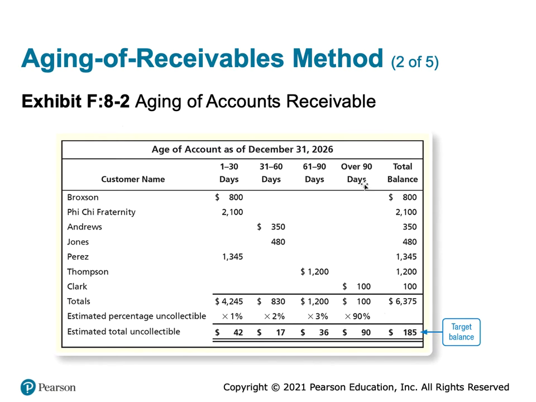And so like I was saying, if you're in the over 90 days, the likelihood of those customers not paying is much higher. So we have a 90% estimated to be uncollectible. Whereas if they're still in the 1 to 30 days, it's a 1%. And again, that percentage will be determined by each company as an assessment of historical performance and other information that they have that applies to making the most accurate estimation.